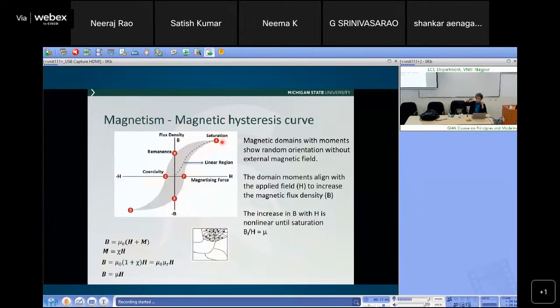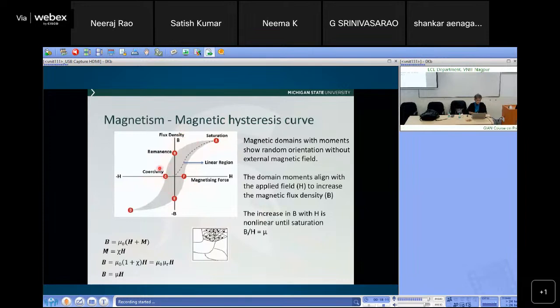You've got the peak, and now you start reducing it. When it's reduced to 0, there's still some remnant field, and that remanence parameter is a function of the material. So that gives you information about the material. Then you reduce it further, make it negative, and go down the negative side of the sinusoid till the B becomes 0.